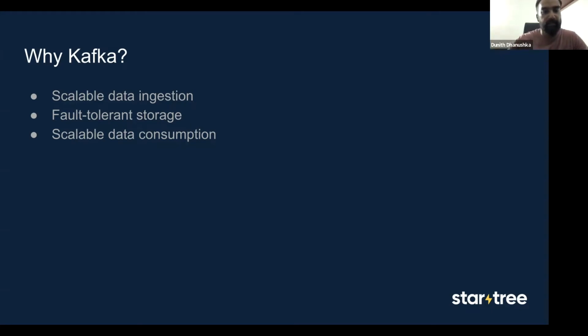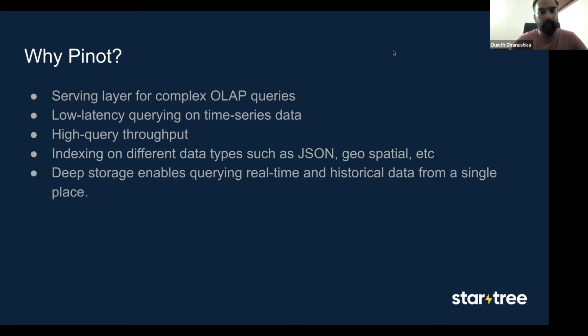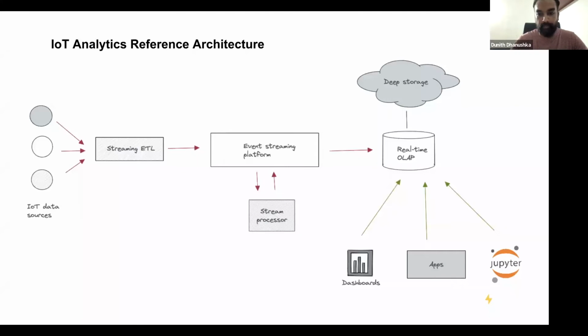There can be multiple downstream consumers for a topic in Kafka. Let me go back. This architecture can be realized by having Apache Pinot as the real-time OLAP database, as well as Apache Kafka as the event streaming platform.